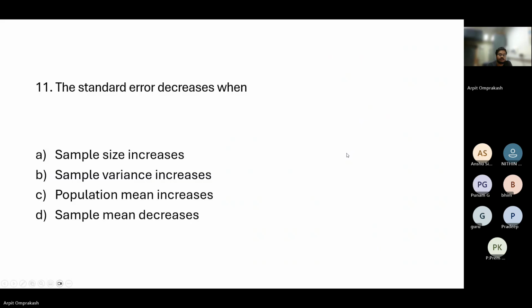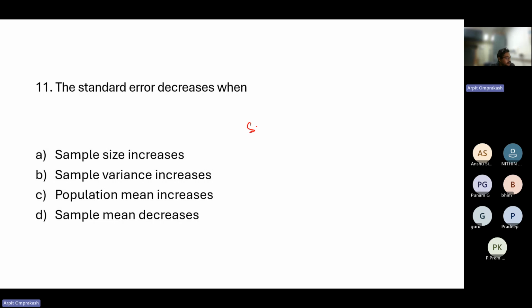The standard error decreases when A, sample size increases, B, sample variance increases, C, population mean increases, or D, sample mean decreases. So what do you think is the answer here, guys? A. Great.